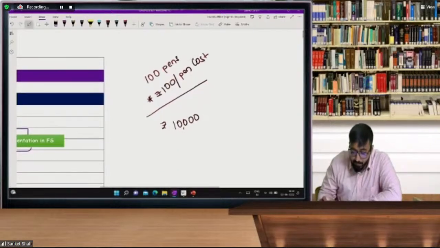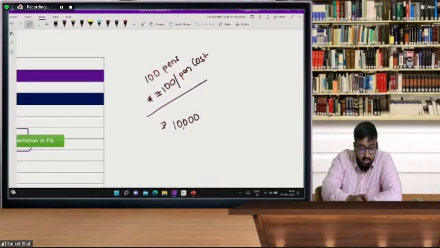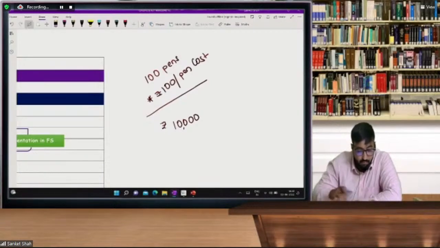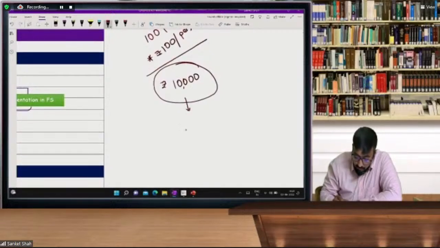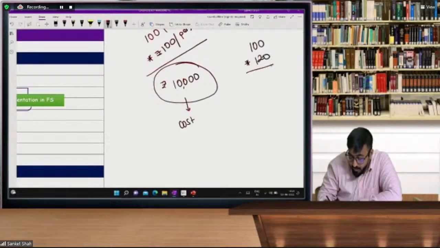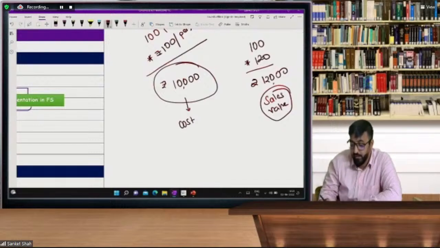So 10,000, beta. This 10,000 is my cost. And suppose if I sell these, I will get 120 rupees per pen. So the sales value of these 100 pens is 12,000.